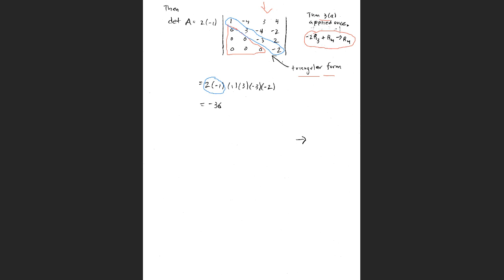And then the 1 times 3 times -3 times -2 is just the product of the pivots on the diagonal. Okay, in this form, we call it form U, and we get -36. So it's easy for us to do, and with a little programming, it would be easy for a computer to do.